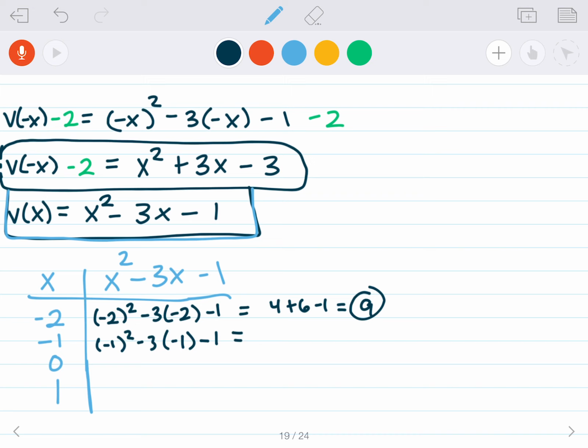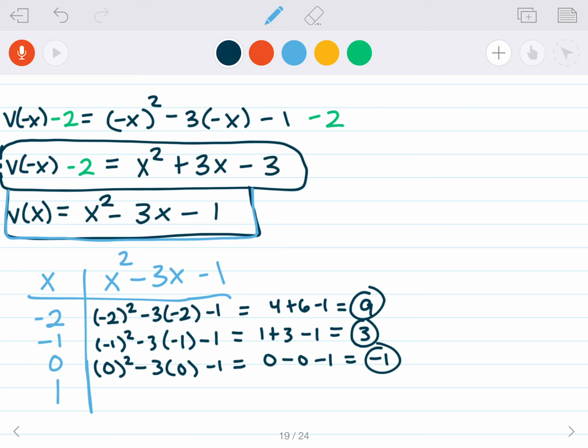And that is going to give us 1 plus 3 minus 1, which is 3. All right, so there is my regular function.